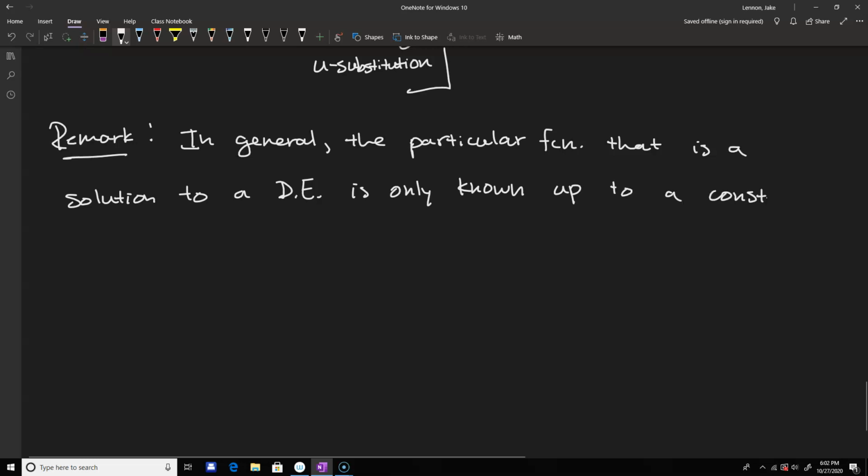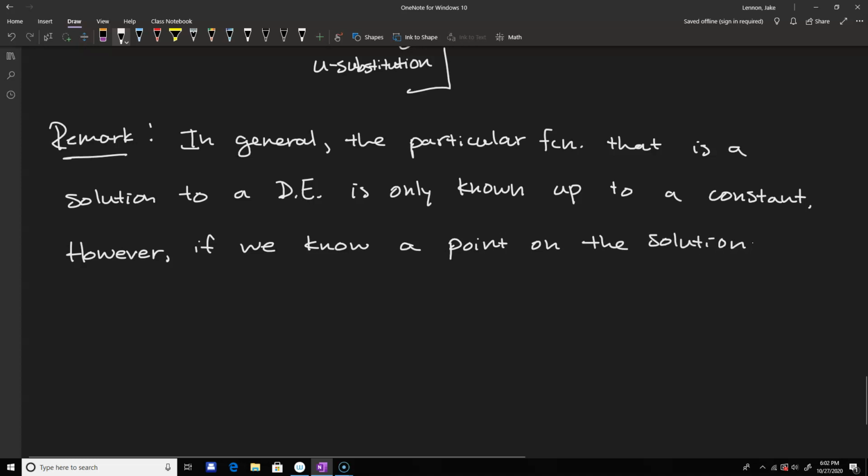We always had all these plus c's all over the place, or in some cases, if you solve for y, you might be multiplying by some constant. However, if we know a point on the solution, we can find the exact value of the constant.